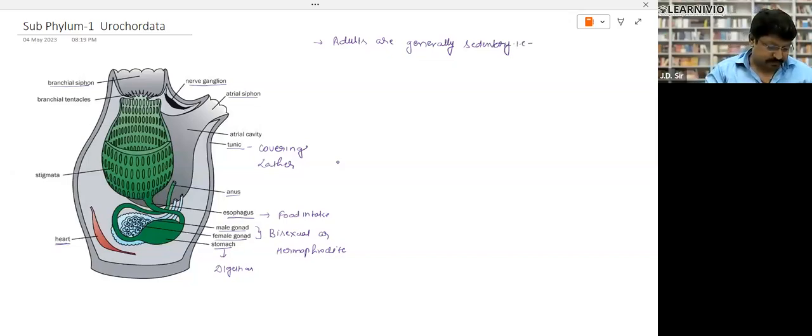That is, they are fixed in substratum. Clear or not? Like Hydra and sponges, they remain fixed at a particular substratum. Right. Next point.